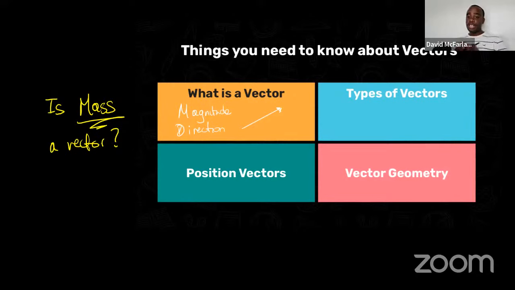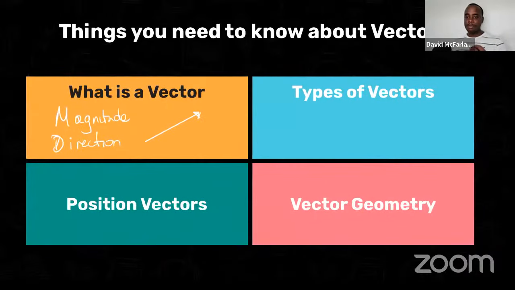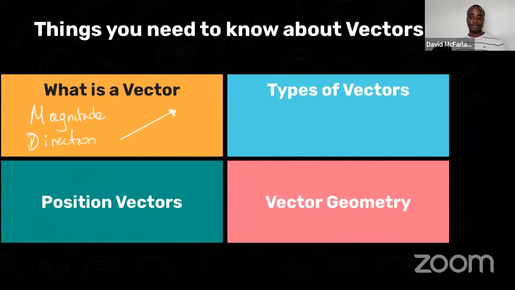Now, everything else that you're going to learn about vectors comes from this main idea. When we go into types of vectors, there are three types that you can define based on the definition of a vector.